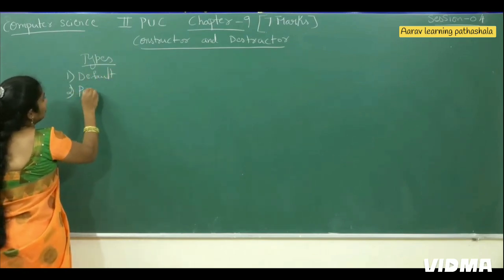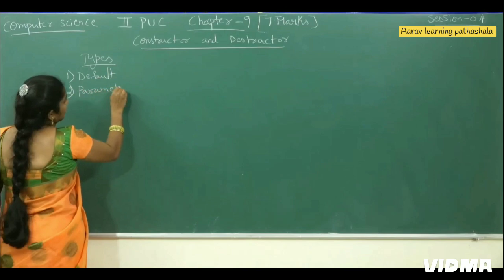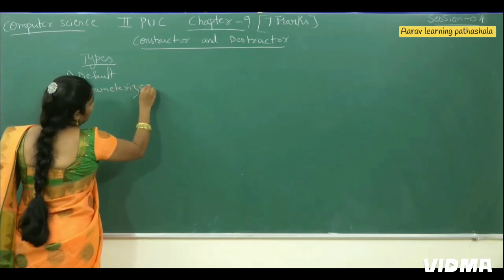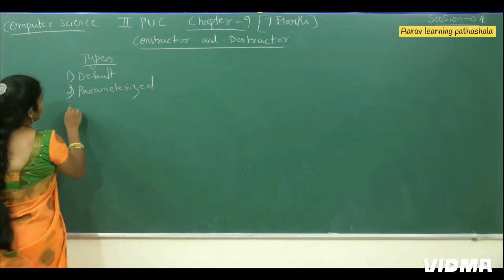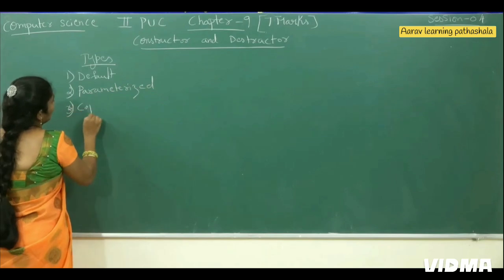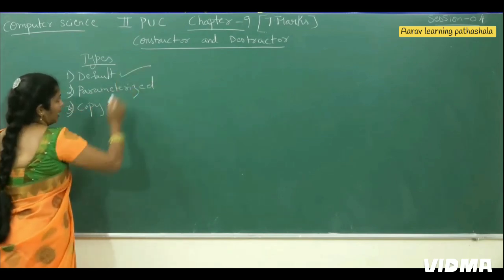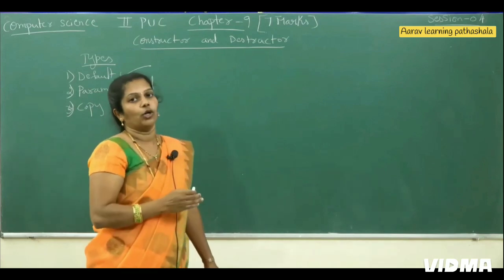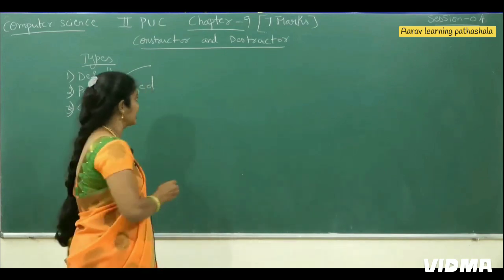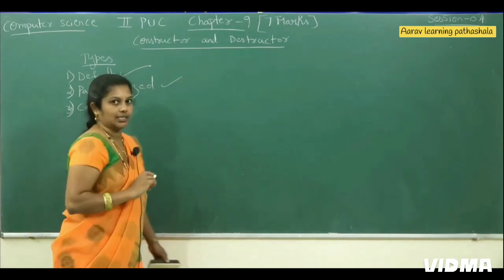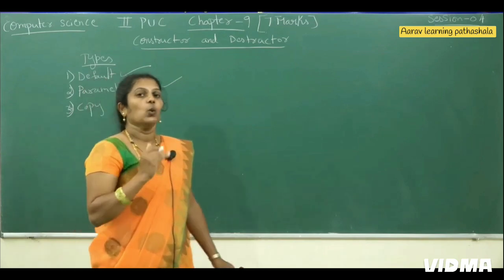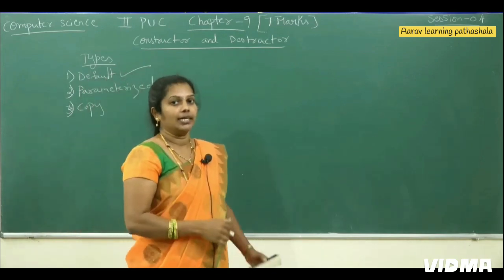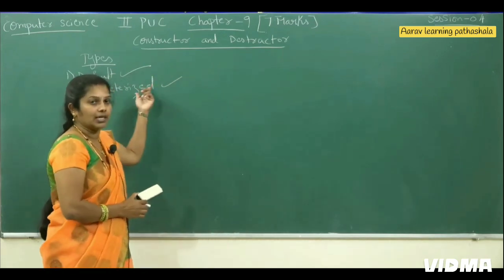The second one, parameterized constructor. And the third one is copy constructor. Already we explained default constructor, a constructor which does not have any argument. Parameterized constructor is nothing but a constructor which has arguments.